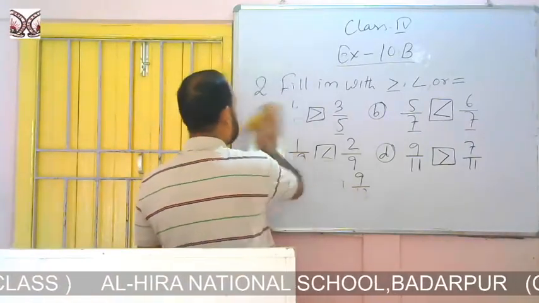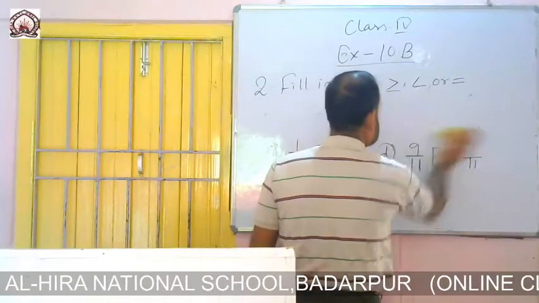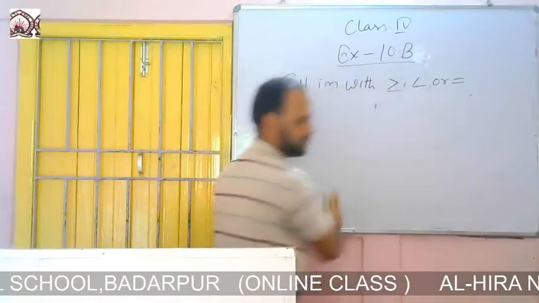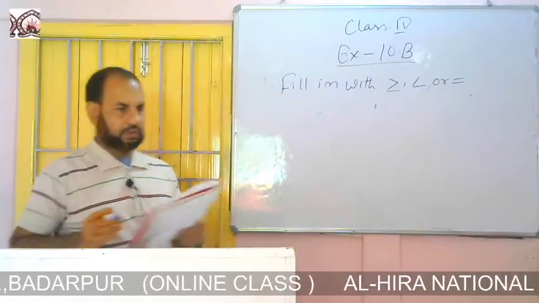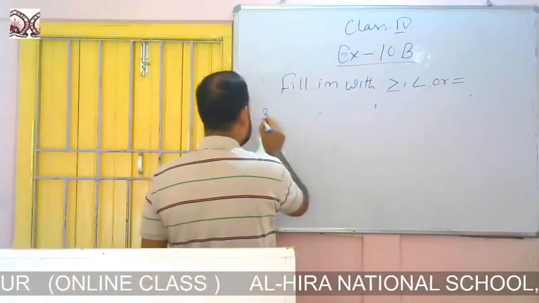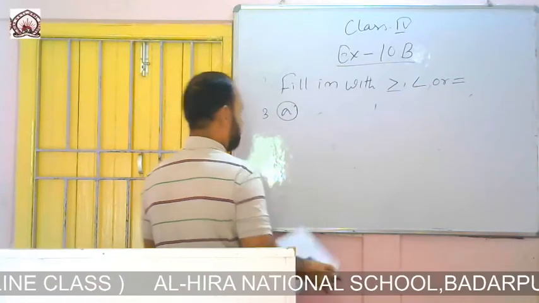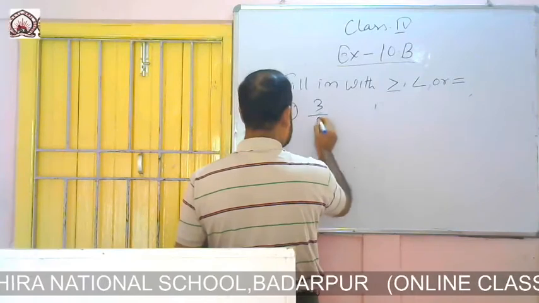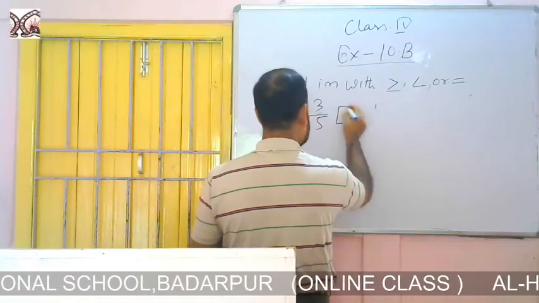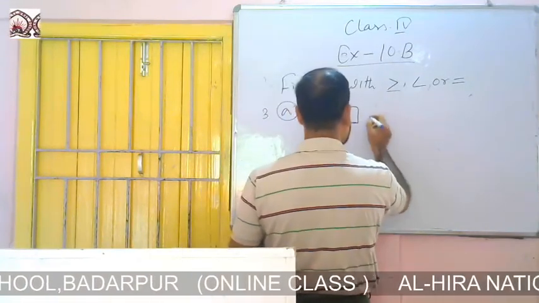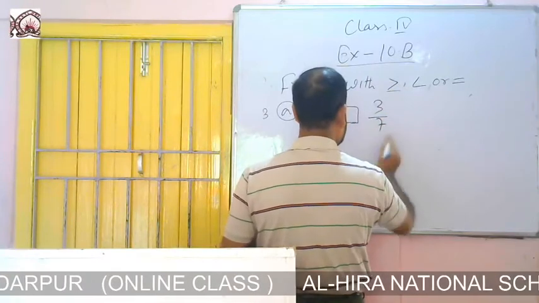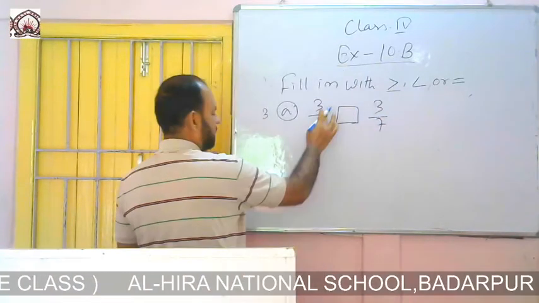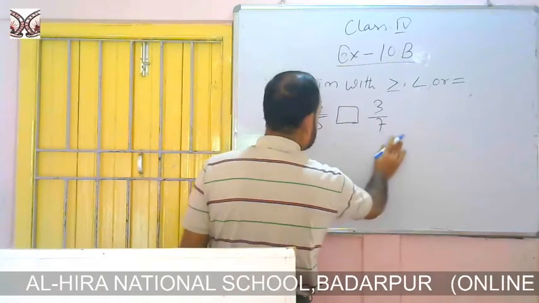Next, question number 3. Question number 3A, 3 by 5 and 3 by 7. So here the fractions are not like fractions.